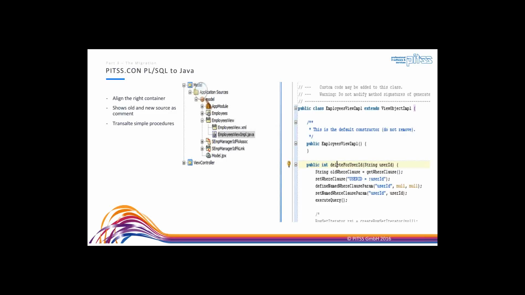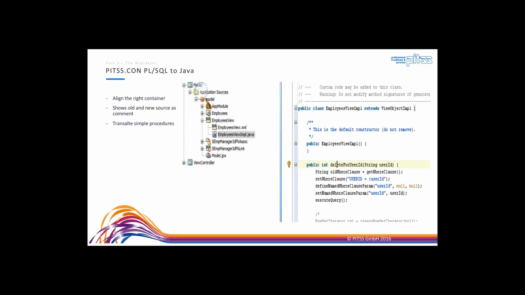If you start fresh from forms to ADF, you know what a when-validate-item trigger is good for, but where is the corresponding container in the ADF world? That's what we do during the generation. We generate the implementation classes in ADF and give you a hint: oh, look over here, that's the correct place for your forms trigger.